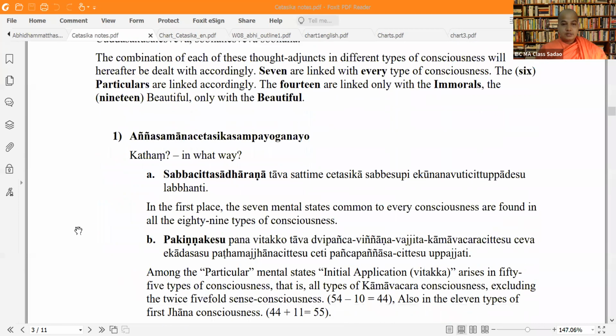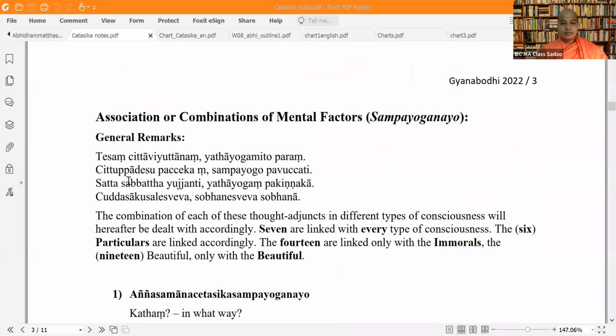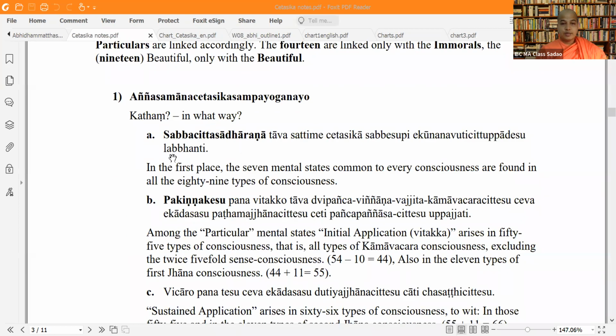So now here this is the discussion of Sabba Chitta Sadharana. Now here, the combination of mental factors with chittas. Okay, so the focus is on the mental factors, chaitasikas. Sabba Chitta Sadharana Tava Sattime Chaitasika Sabbesupi Ekunanavuti Chittupadesu Labanti.